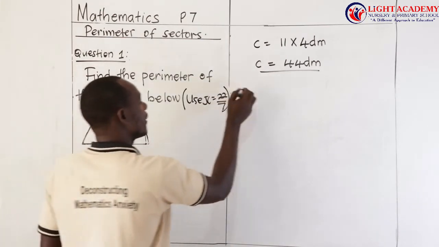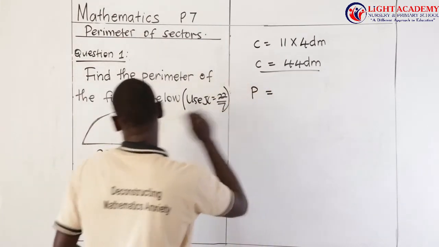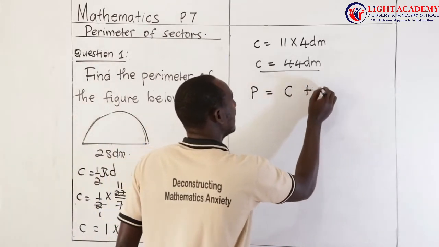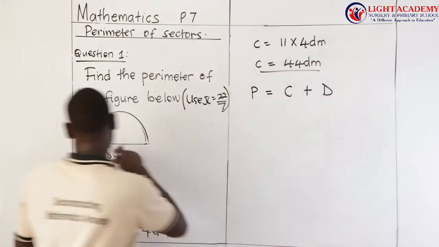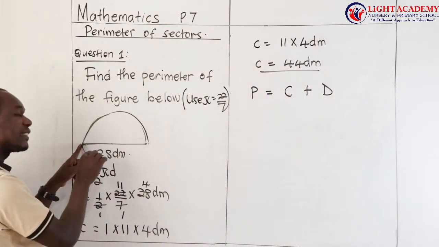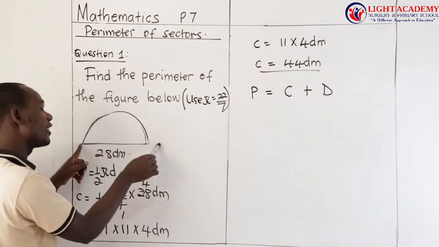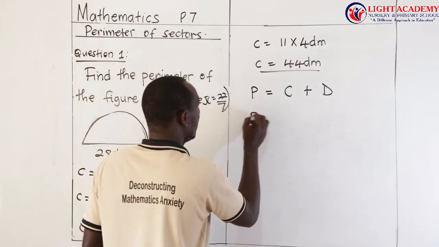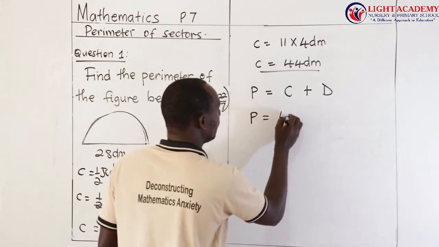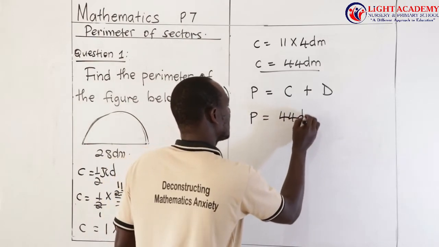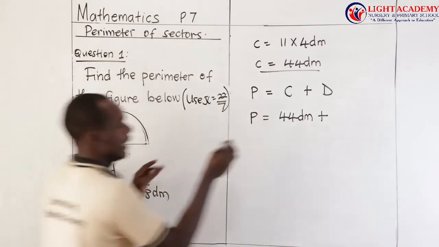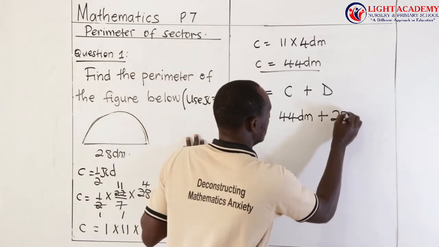To get our perimeter, I must say it is circumference plus its diameter. If I start from this point, I add circumference plus diameter to move around the figure. So my perimeter will be equal to circumference, which is 44 decimeters, plus the diameter, which is 28 decimeters.